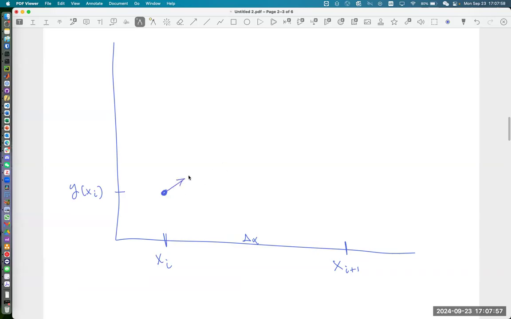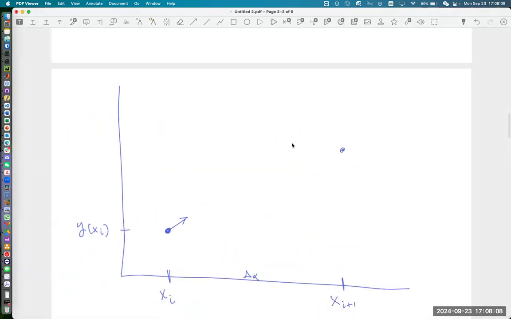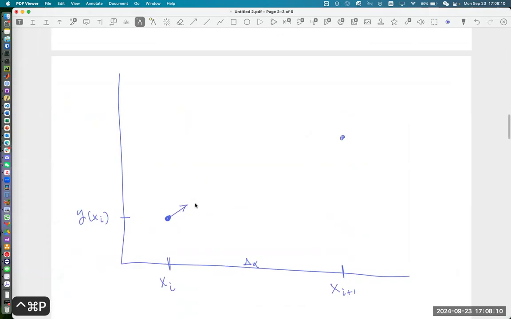What forward Euler does is that it goes directly to x i plus 1. But instead, the midpoint method only goes to half the step size. So the half step size is x of I plus delta x divided by 2. So it goes here.